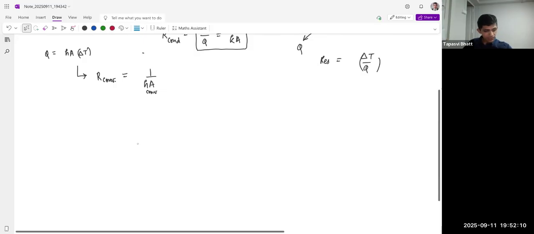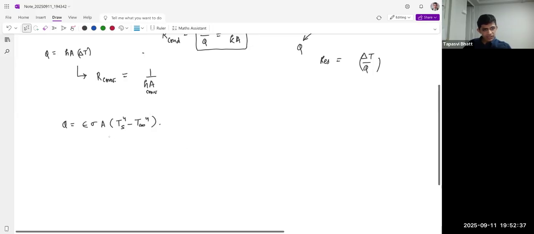Now coming to radiation, the radiation equation for heat transfer is Q equals epsilon sigma A (Ts to the power 4 minus T infinity to the power 4).